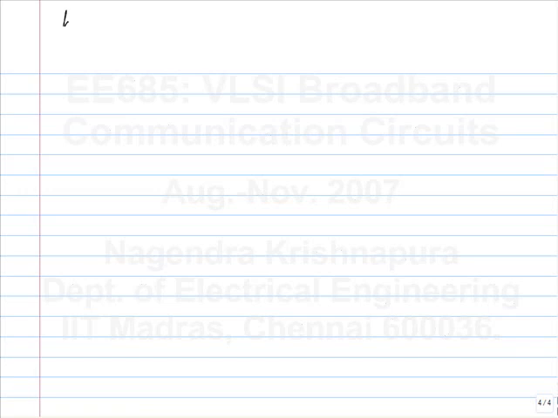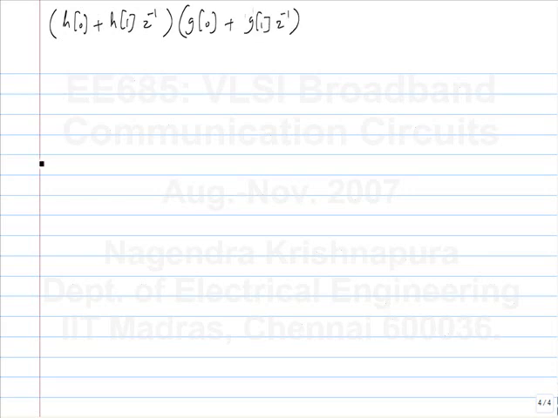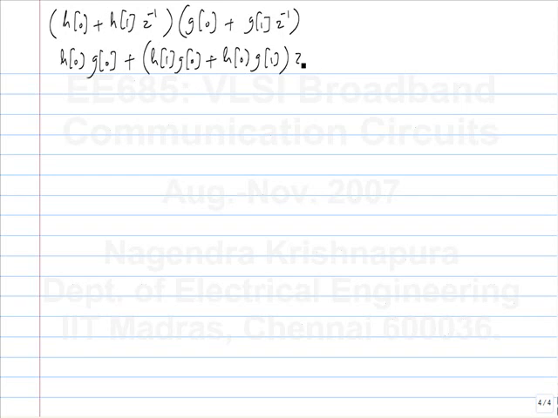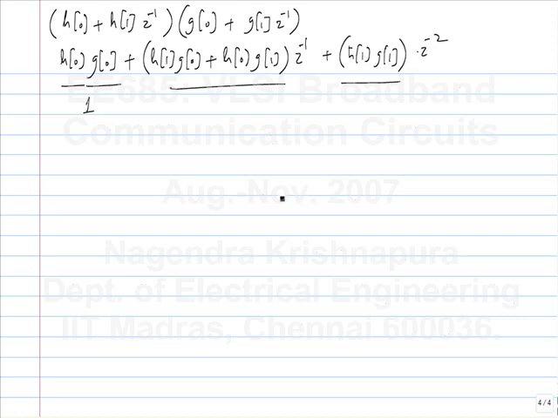So the channel response is H0 plus H1 Z inverse, and I want to multiply this with G0 plus G1 Z inverse, and the result I get is H0 G0 plus (H1 G0 plus H0 G1) Z inverse plus H1 G1 Z inverse square. Okay, we get a 3-tap response, and we make the cursor to be 1. So the value of G0 is fixed to 1 over H0. So I get 1 plus H1 by H0.